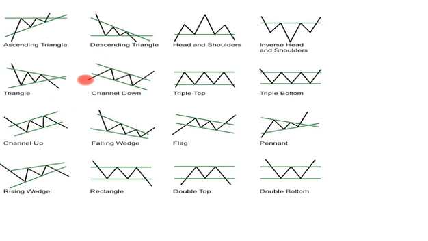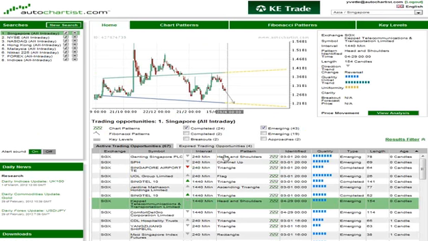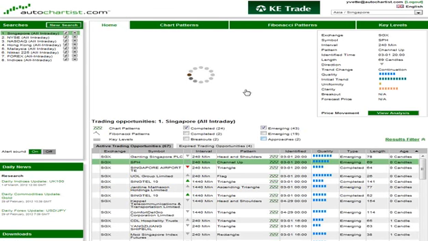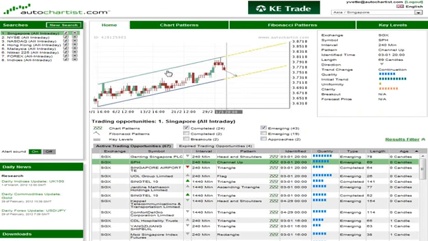Basically, what we're looking at with patterns like these is that there's a certain sideways movement expected over the duration of that pattern. So let's just look at a channel up, for example. This bouncing action of the price between support and resistance is expected to continue because these two lines are going in parallel.